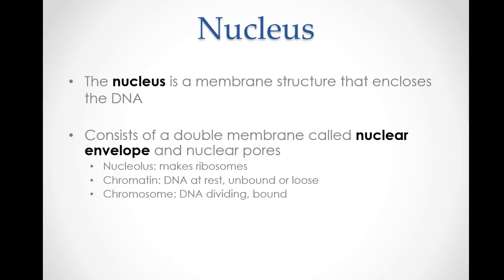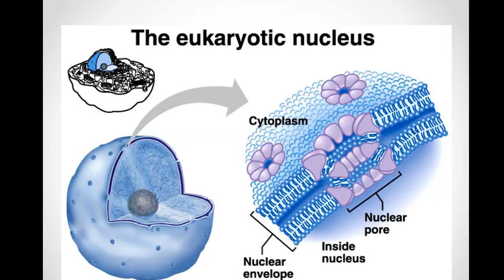When your cells are doing what your cells do on a normal daily basis, it's chromatin. It's loose, it's unbound, all of the genes are easily accessible so that we can make copies of those and make proteins. When your cell gets ready to divide, we go in a different direction and we bind that DNA up super, super tight so that we can move it around the cell.